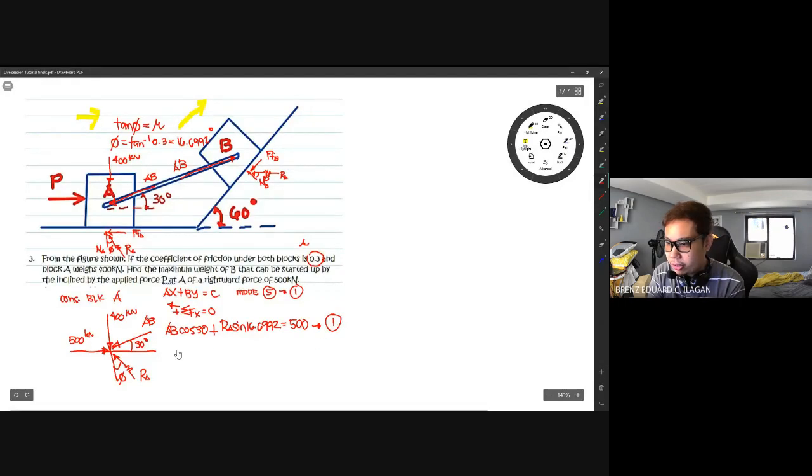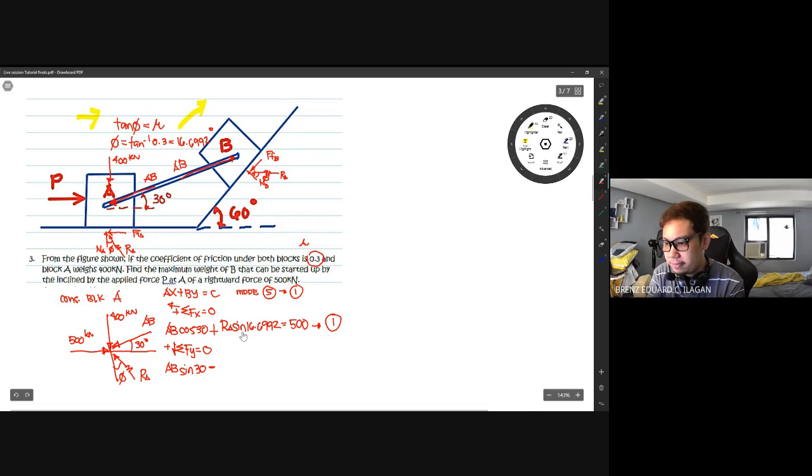And for equation number 2, so again, yung AB yung simula, so yung magdidictate ng direction. So pababa yung magiging positive natin. Summation of forces Y equals to 0. So copy mo lang AB. So ito magiging sine, mababaligtad lang, 30. And then yung RA mo, so magiging minus siya since yung Y component nito is pataas. Again, isinet natin pababa is negative. And ang gagawin natin, ganitong form nga siya.